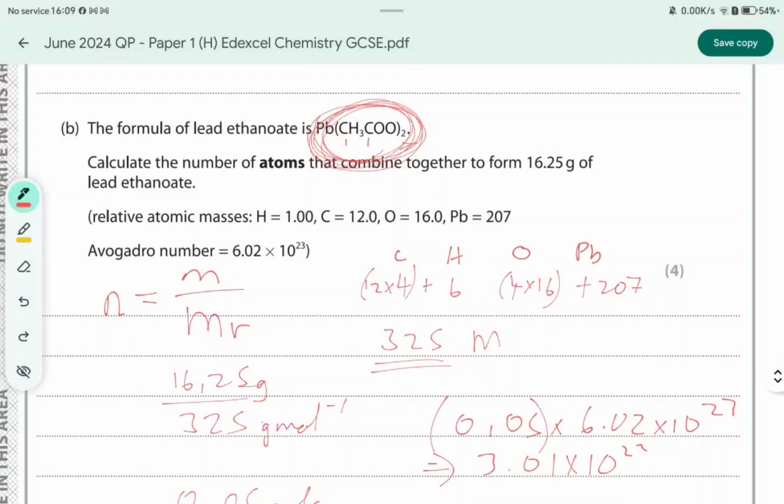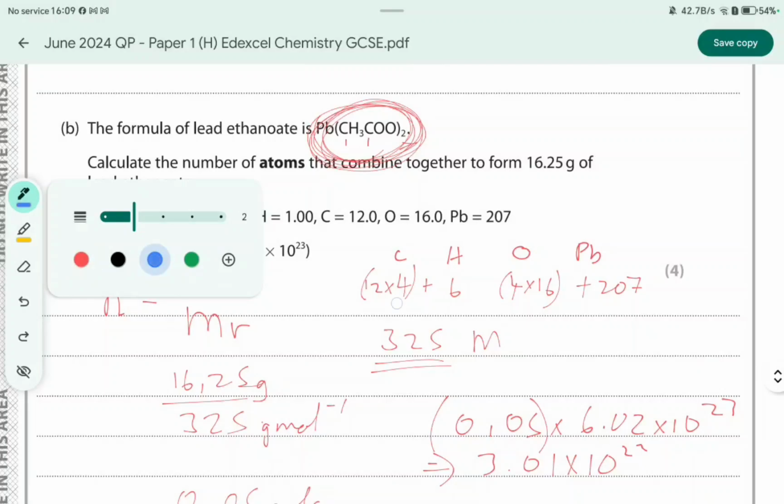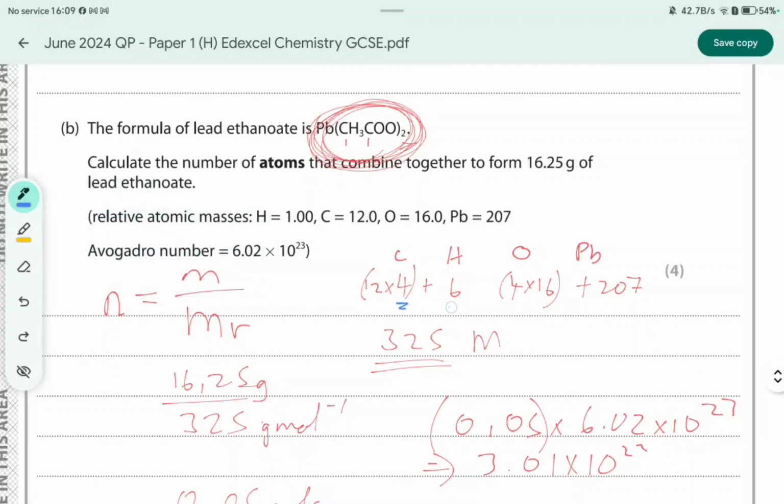But they told us atoms. So what do we have in lead ethanoate? In lead ethanoate, if you still remember, we have 4 carbons, 6 hydrogens, 4 oxygens, and 1 lead.